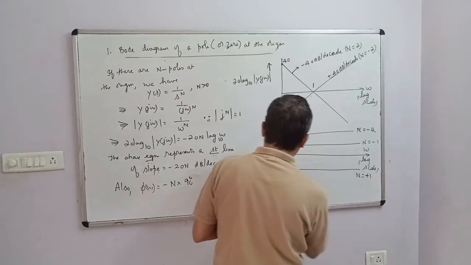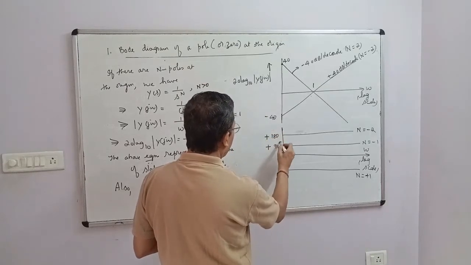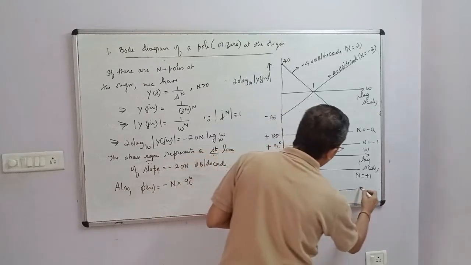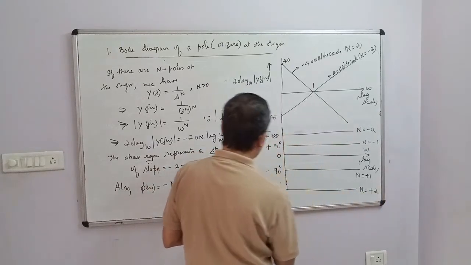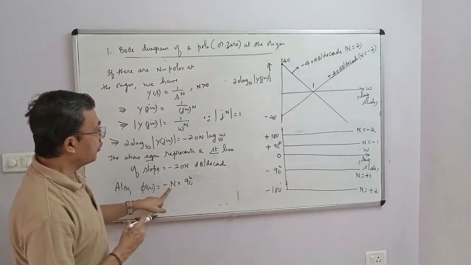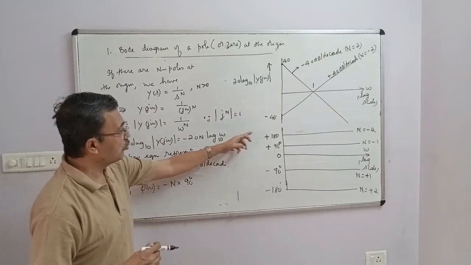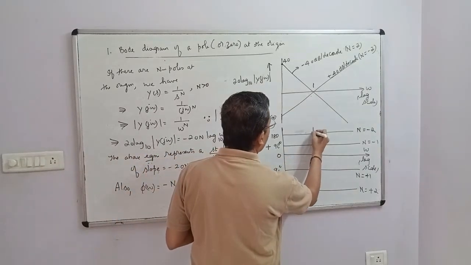When n is plus 1, this is plus 180, this is plus 90. When n is 1, it is minus 90 degrees. When n is plus 2, minus 180 degrees. When n is minus 1, plus 90. When n is minus 2, plus 180. Correct? This is for which one?